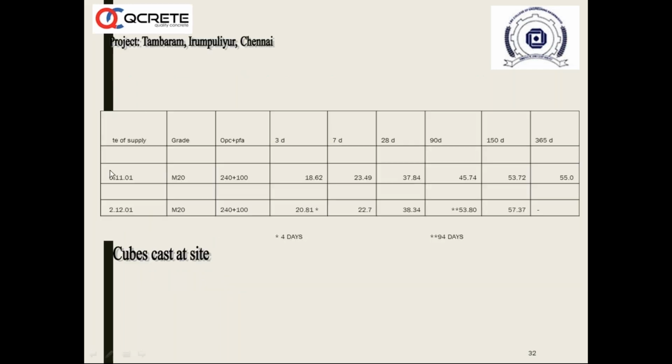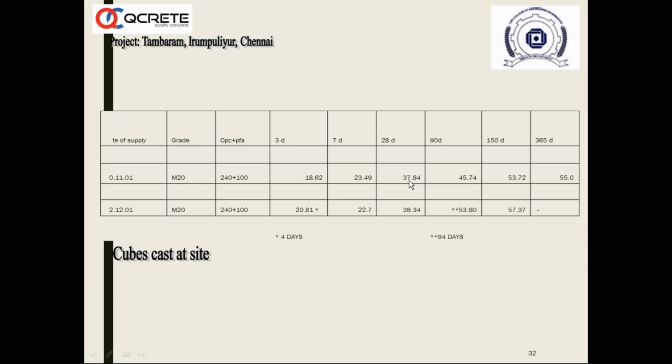You can see here, we took cubes at 2001. You can have OPC 240 plus 100 we had in this mix, and then the 28-day strength is 37.84 and 365 days is 55.